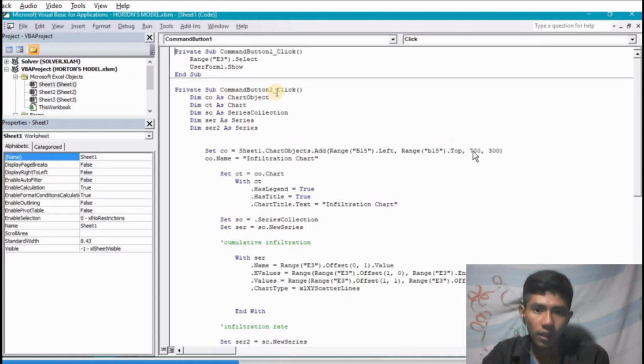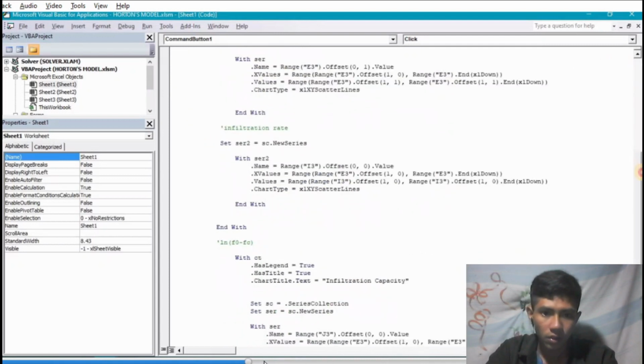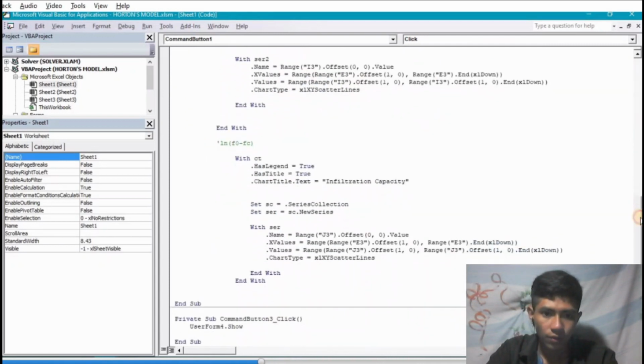And then this is the size, 700 by 300. 700 ang width and 300 ang length. Okay? And this is the name of the chart, infiltration chart. Then true has legend, has title. I'm not gonna discuss this any further, so let's just forward it.